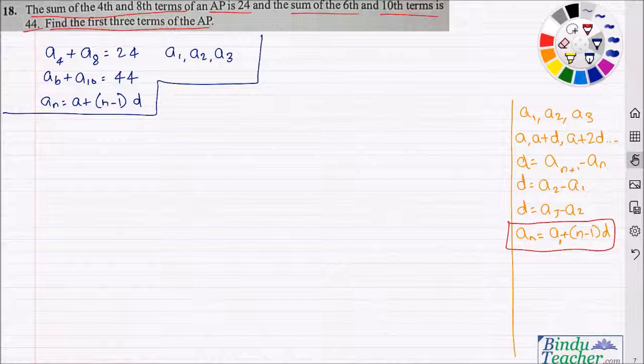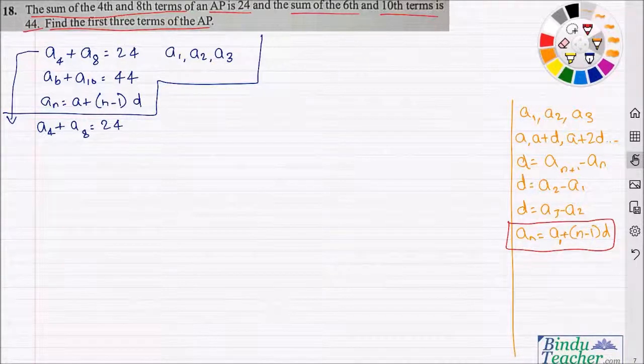We will take this first equation that we have, a4 plus a8 equals 24. Now instead of writing a4, we will use this formula.